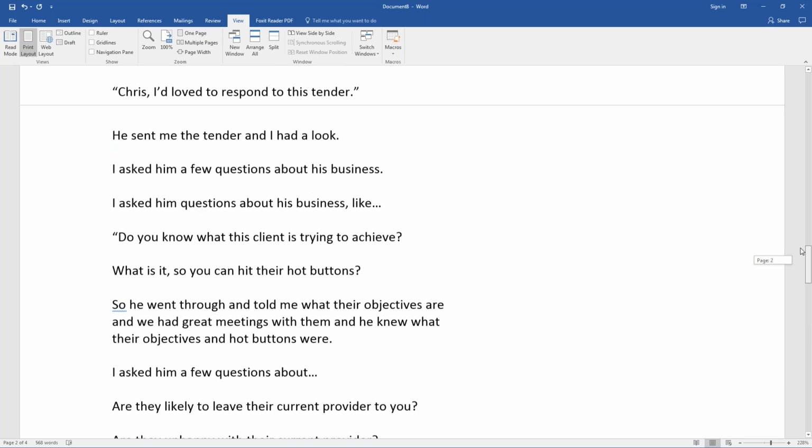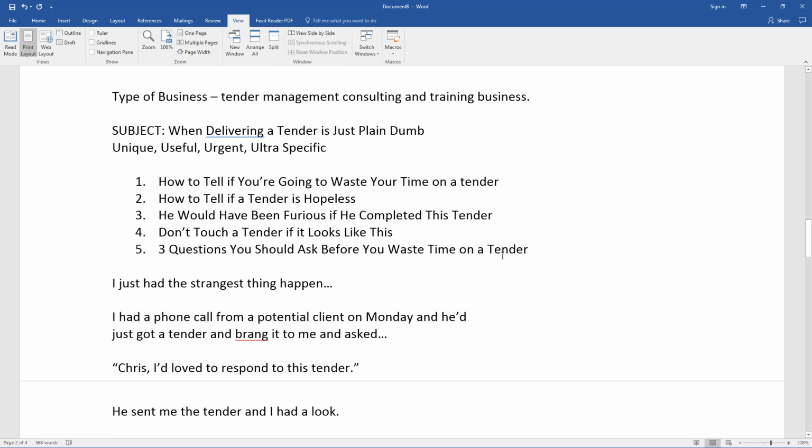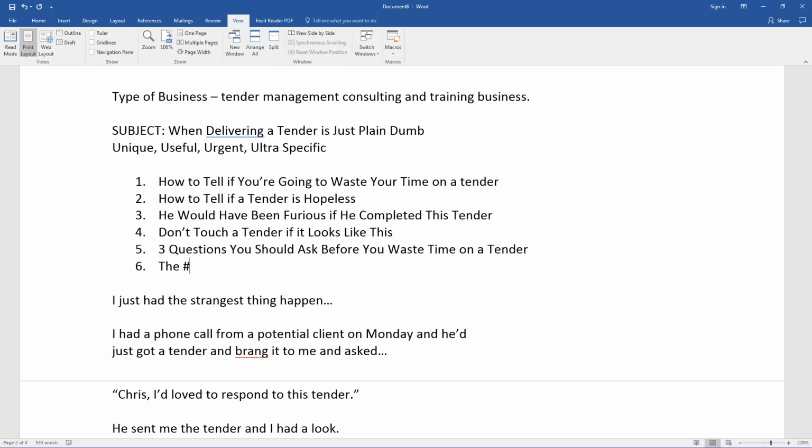So that's a really good way. You could say the number one mistake people make in writing tenders. And what is it? Writing ones you should never have written in the first place. So you could literally have something along those sorts of lines, and that's a really powerful thing that you could test as well.